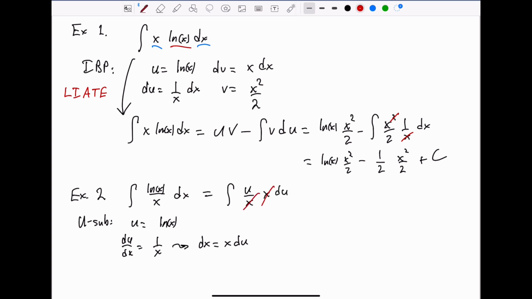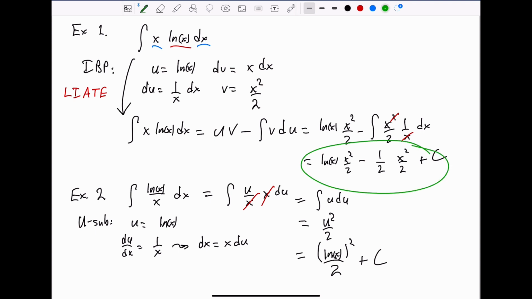The x's cancel, and I'm integrating u. Well, the antiderivative of u is u squared divided by 2. Replace u with natural log of x, and I have natural log of x squared divided by 2 plus c. We should think of checking each of these. If we think of taking the derivatives here, we'll get back to what we started with.